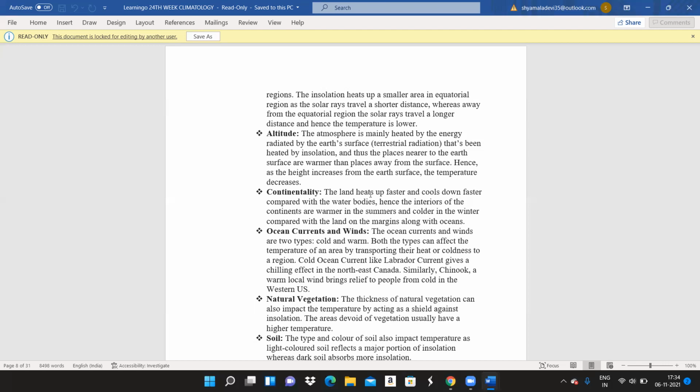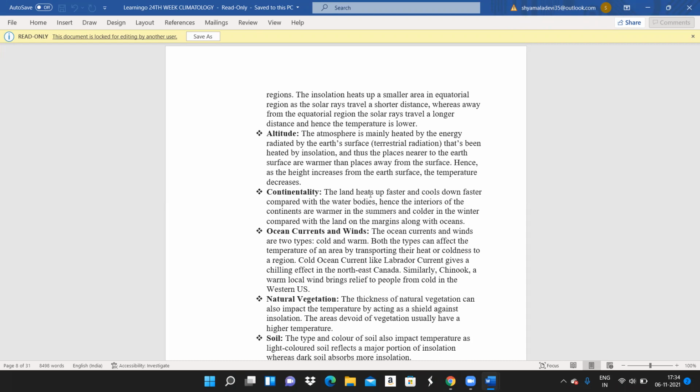Even during the summer, they don't record temperature more than 35 to 37 degrees. Maximum is 37. But if you take other states, they may be recording 45 or 46 degrees also. Why is the difference?